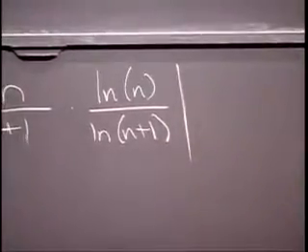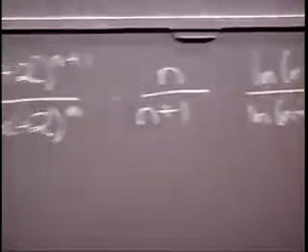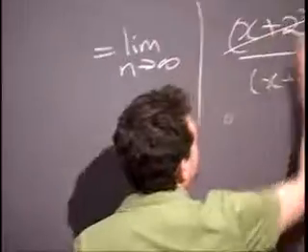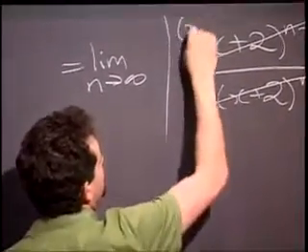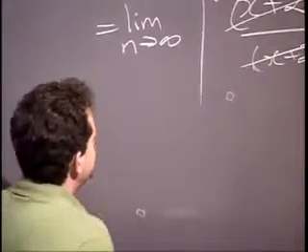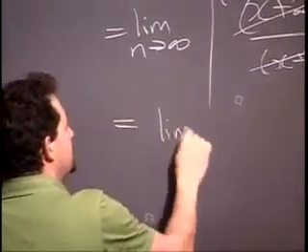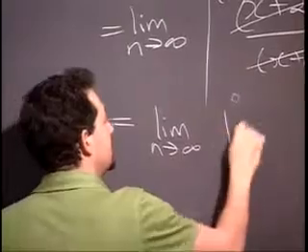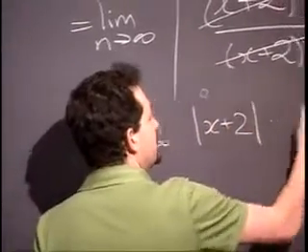All right. So most of this we can drop the absolute values. If we cancel this and this, we will still have an x plus 2, which does need the absolute values. So this is the limit as n goes to infinity, x plus 2, and then the rest do not need the absolute values.